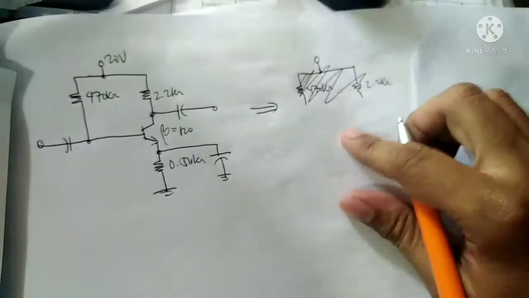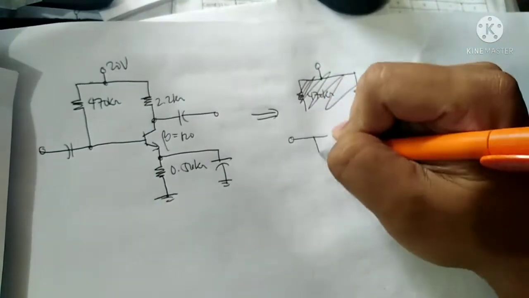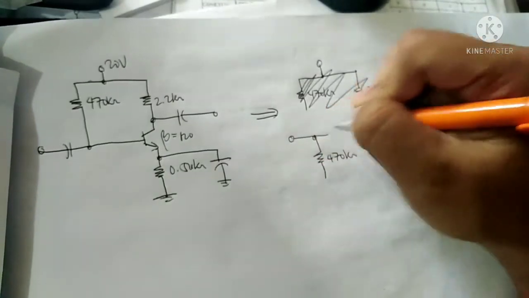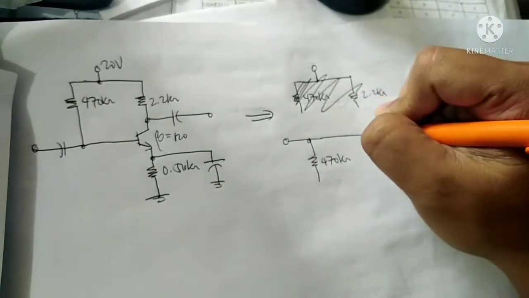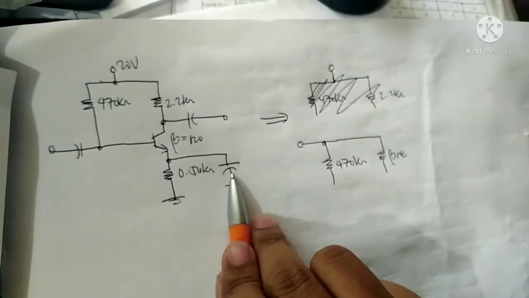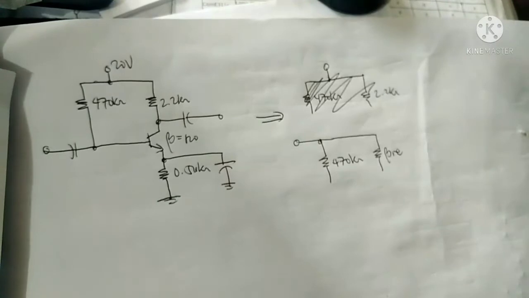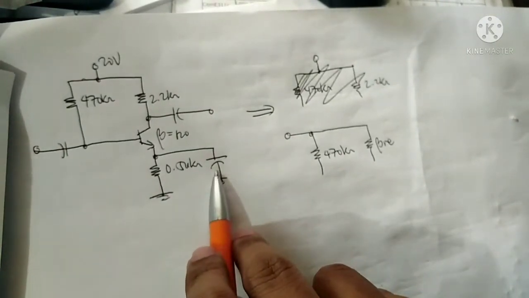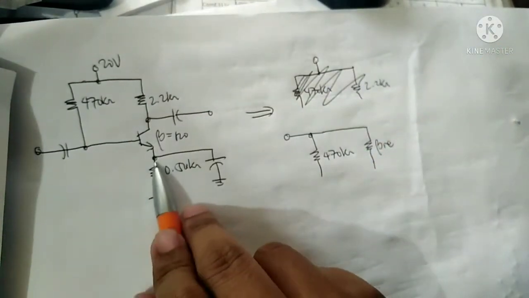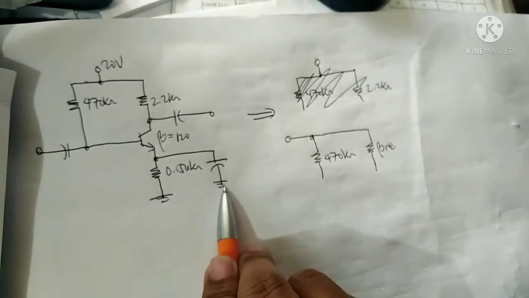Let's draw the AC model. So ground this one, short all capacitors. So this will be grounded, connected to the ground for 70K, and then this is beta RE. Since this is shorted, this capacitor will be eliminated or neglected, no? Since it is shorted, the equivalent resistance will be equal to 0. The majority of the current will not flow to the resistor, but will flow directly to the ground.